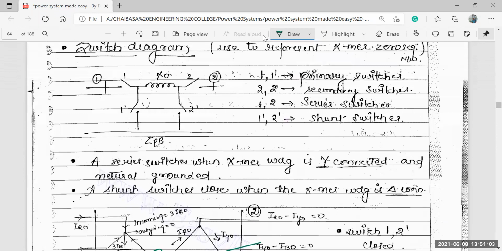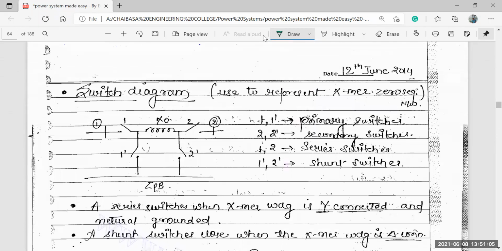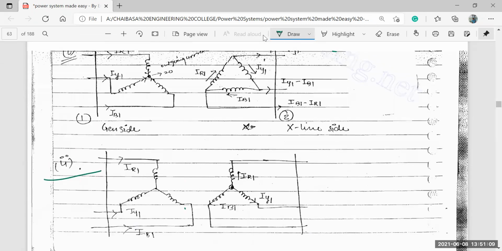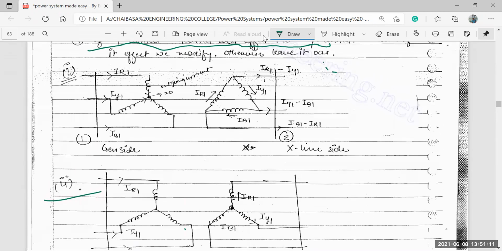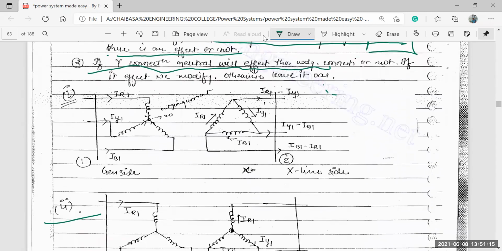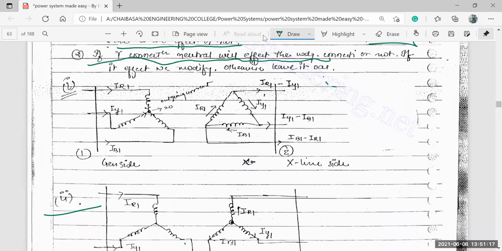Okay, we'll talk about this switch diagram and all. Till over here you should be very particular about what your generator representation is and what your transformer representations are.